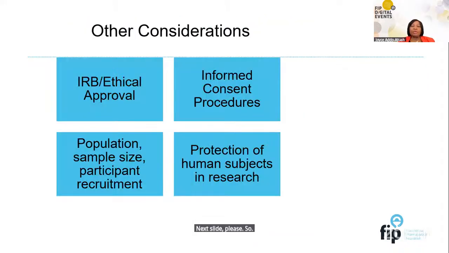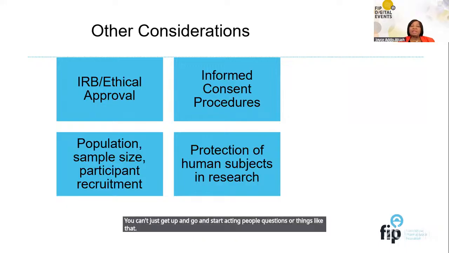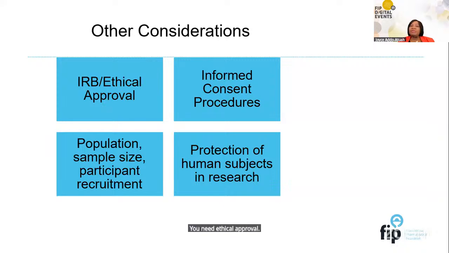So other things to consider in research is, of course, you can't just get up and go and start asking people questions. You need ethical approval, and the institutional review board is what most institutions have.